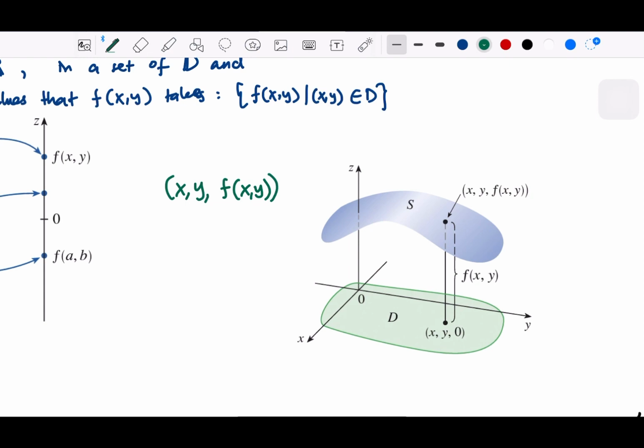So this is basically saying that we can describe it as a graph. So this is a graph showing the set of all points (x, y, z) in space such that z is equal to f(x, y). Okay.